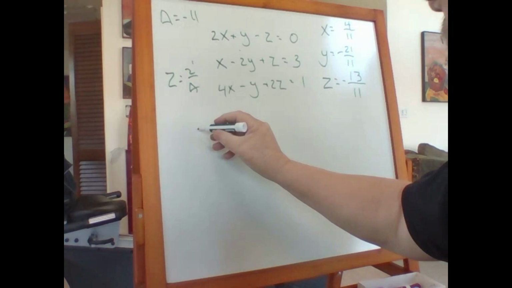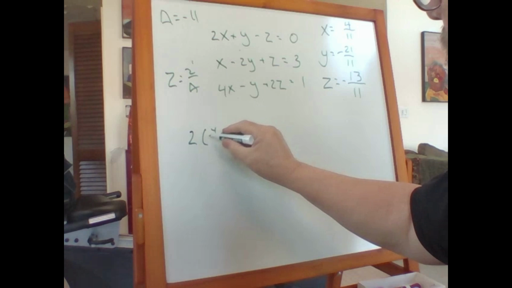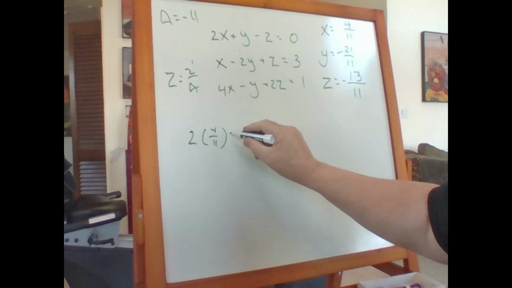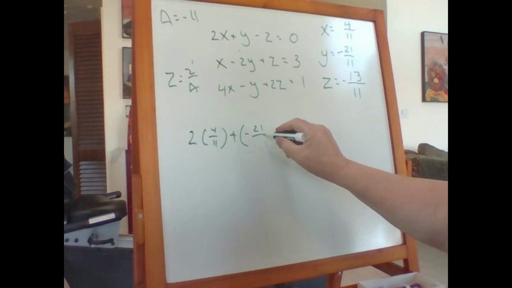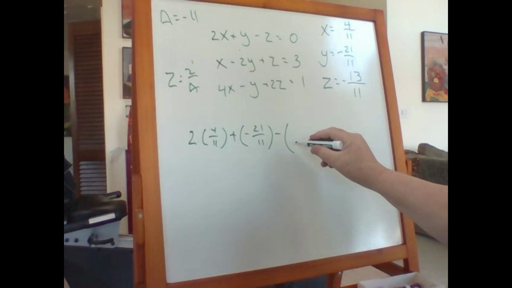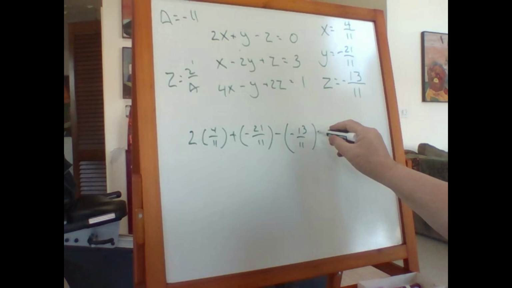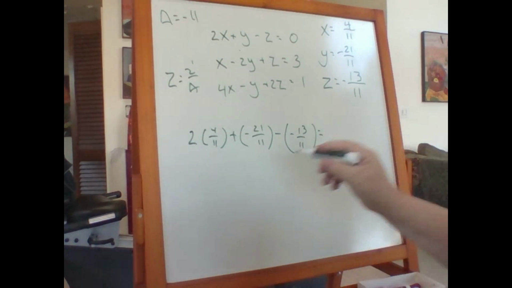So here, 2x, so x is 4 elevenths, plus y is minus 21 elevenths, minus z, which is minus 13 elevenths, is equal to, so we have, whoops, I'm sorry, almost lost my glasses.